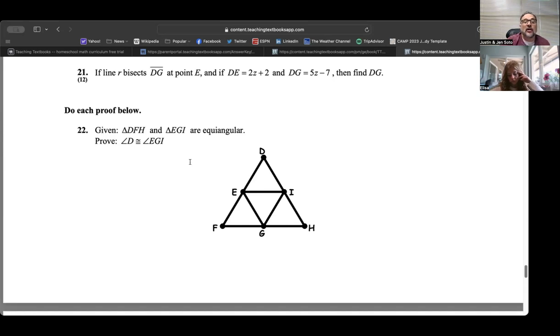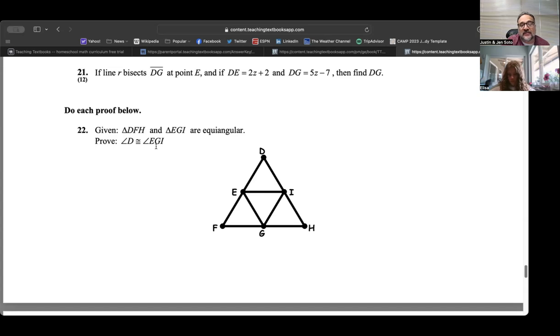Number two, you're going to say angle D and angle EGI are 60 degrees. How do I know this? Because every angle in an equal angular triangle is 60 degrees. Then you're going to say angle D and angle EGI are congruent.